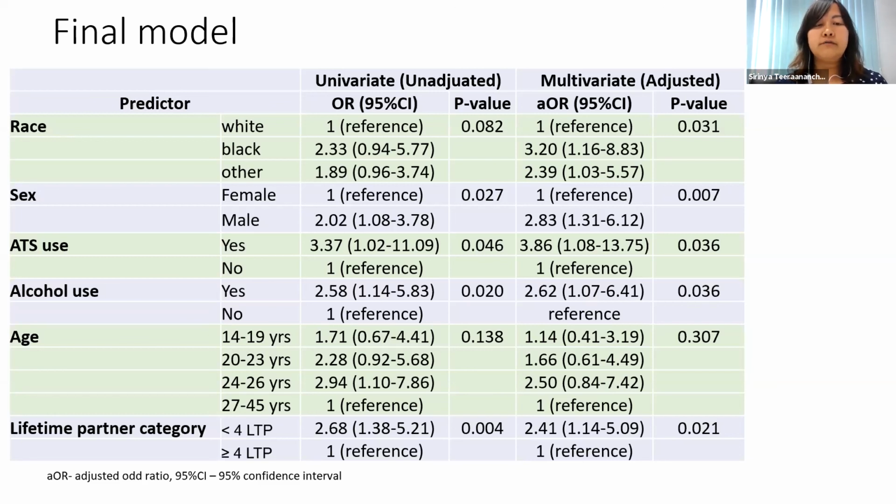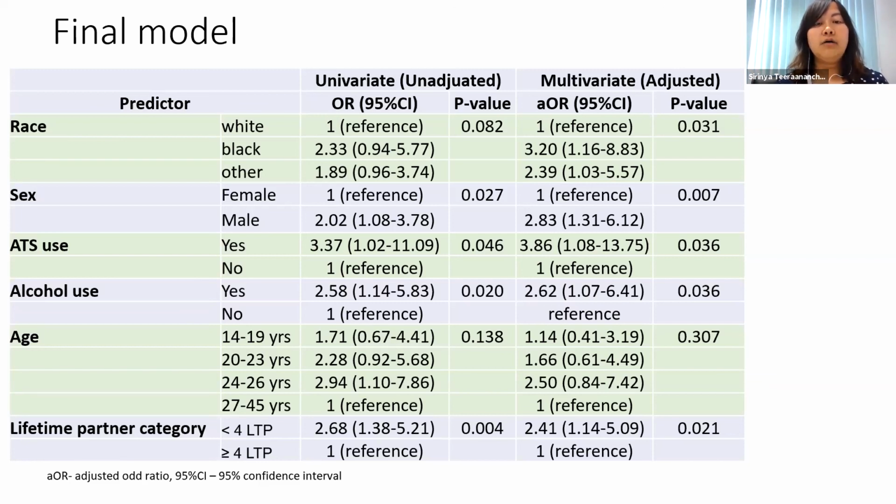From the univariate model, the odds ratio for gender was just 2, but when included in the multivariate model, it increased to 2.8 times. And for ATS use, it's around 3.9 times when compared with patients who did not use ATS, increased from 3.4 to 3.9 in the multivariate model with other variables.